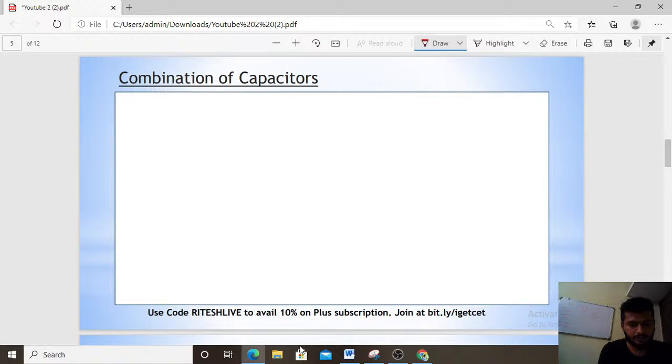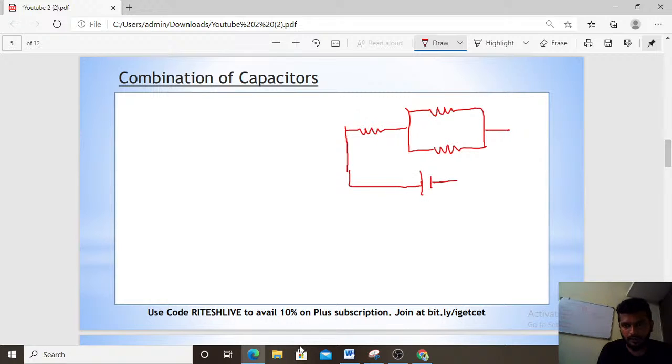Let me take the example of a resistor. Okay, so this is the circuit, and it is connected to a battery.